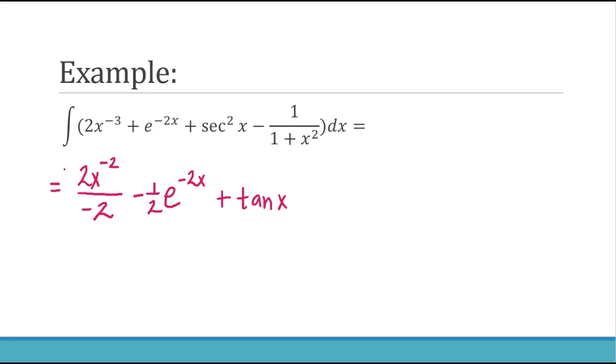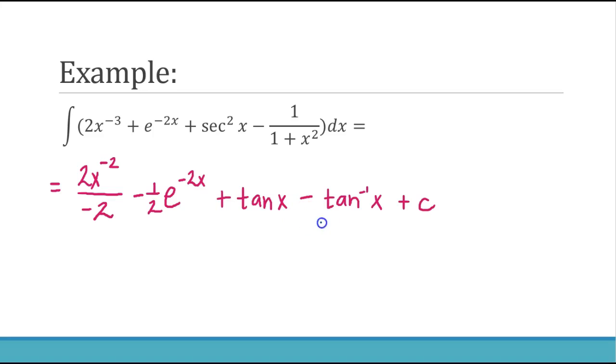And then here I have minus 1 over 1 plus x squared. So there's actually two different things that you could put here. Because we see this 1 over 1 plus x squared, we might think arctangent or tan inverse. So we could write minus tan inverse or arctangent of x plus c, of course. But I'm going to put the other variation below it.